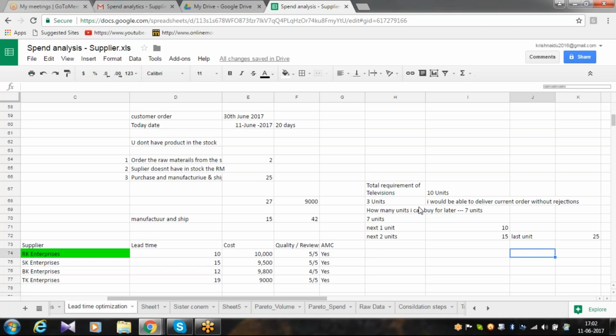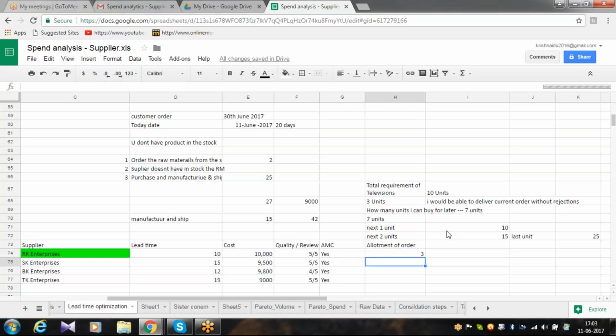Because I want them urgent. So RK Enterprise will get 3 units because that's the lowest lead time. I want to give him the order.